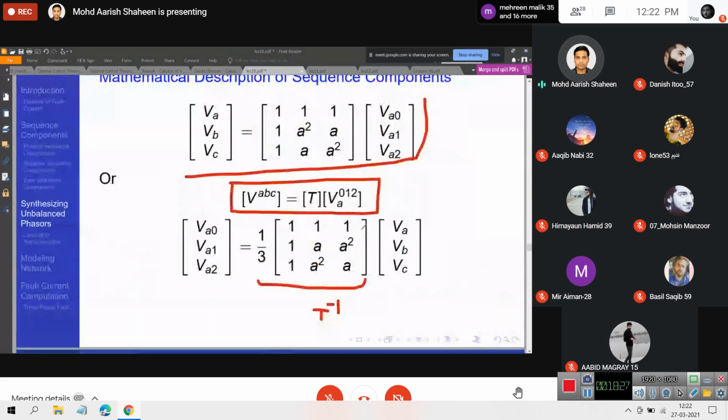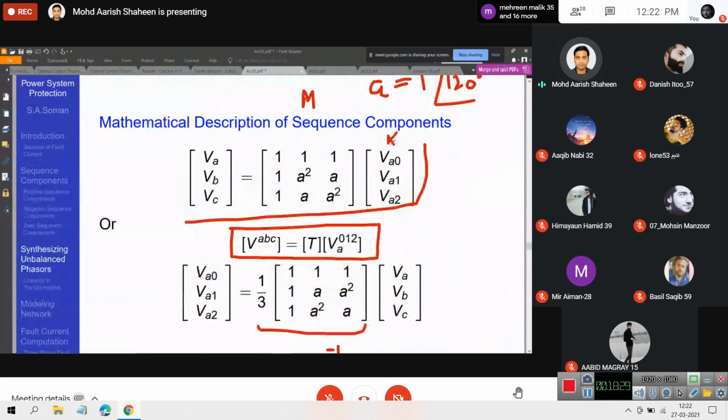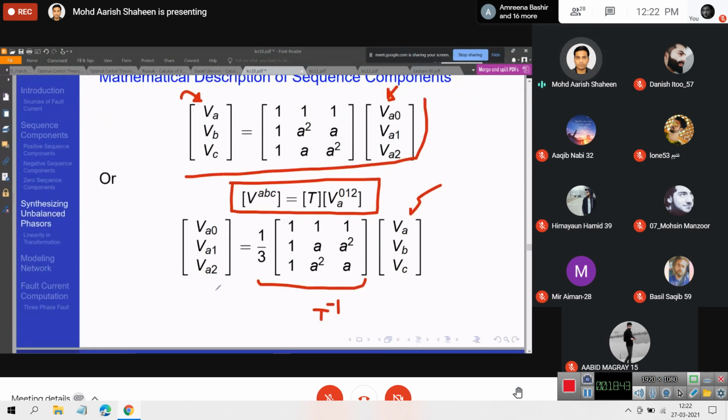If I give you the zero sequence values, you can immediately calculate the actual values VABC, okay, by basically multiplying by this matrix. As you can see, this matrix is a constant. It does not depend on any voltage or current. In the same way, if I give you the actual values of voltages, you can always calculate the zero, negative and positive sequence component values by multiplying by the inverse. So in either direction, there is no loss of information.